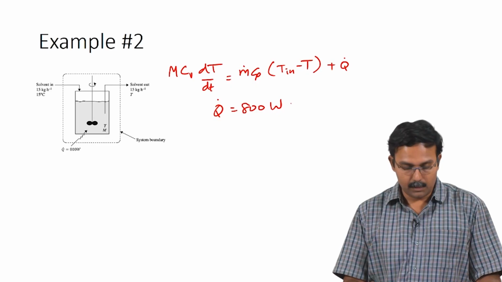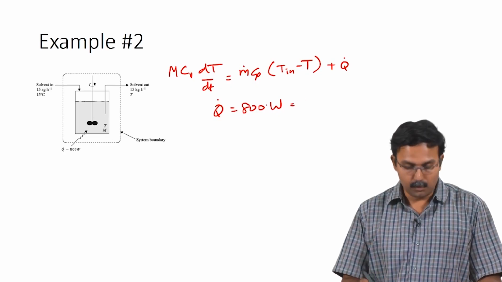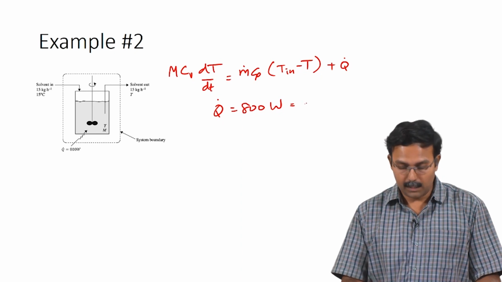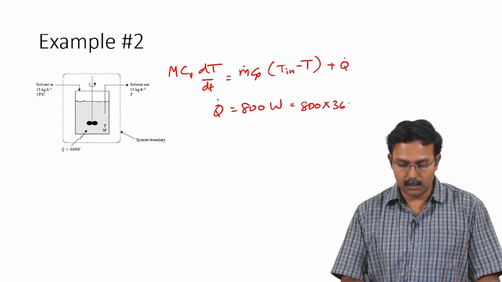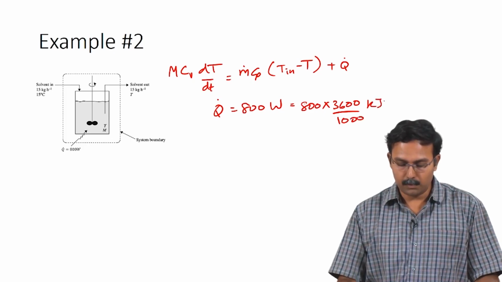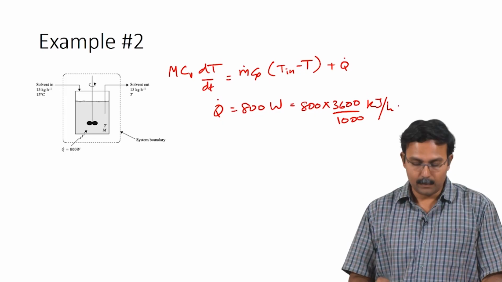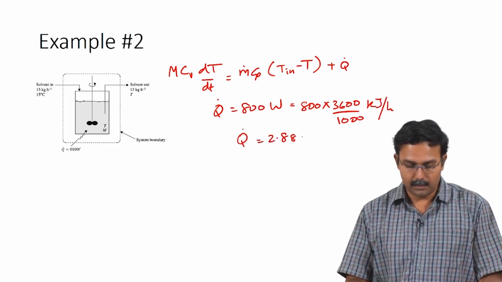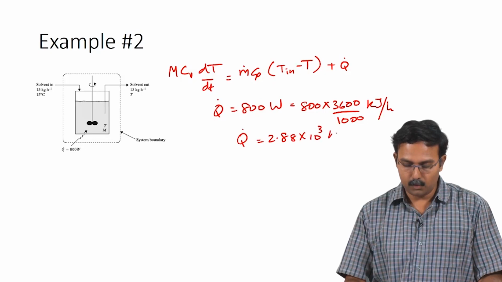So we would convert this to kilojoules per hour as 800 times 3600 divided by 1000. This would be kilojoules per hour. So this value of q dot is then 2.88 times 10 power 3 kilojoules per hour.